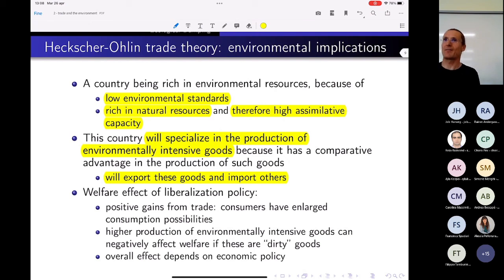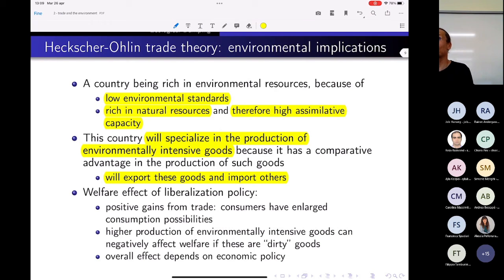But the issue you raised is also part of this. Whether you're going to process it or not depends, again, on whether you have a comparative advantage in doing so, because it could well be the case that it pays off to do this in another country because it's cheaper to do it that way. It again depends on the comparative advantage.